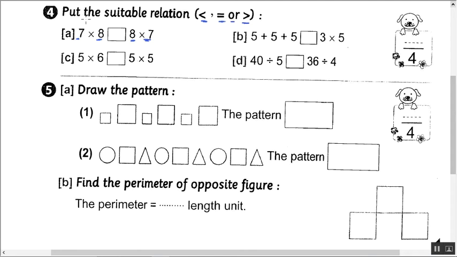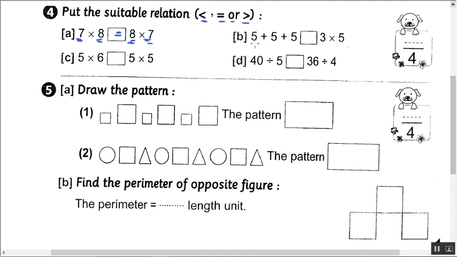Commutative property, here he changed the position of 7 and 8. Here he started by 7, the next number is 8, and here he started by 8, and the next number will be 7. So the result here will be equals.